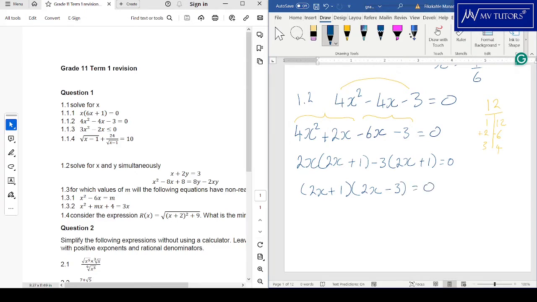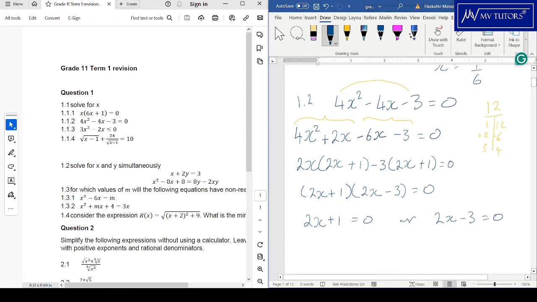Is that cool? Now, what I need to do now is solve for x, because that was the question. So, I'm going to say for the first one, 2x + 1 = 0, or this side it's going to be 2x - 3 = 0.